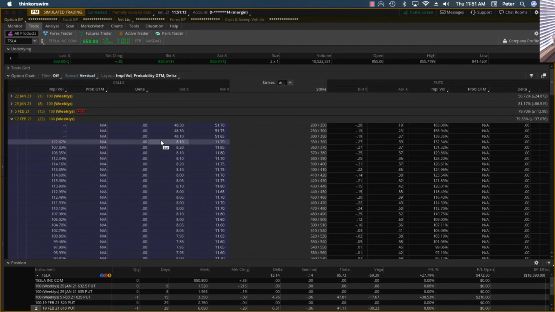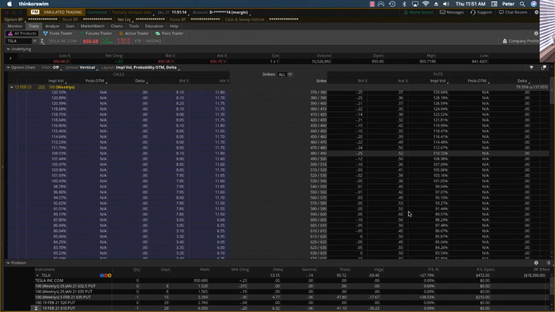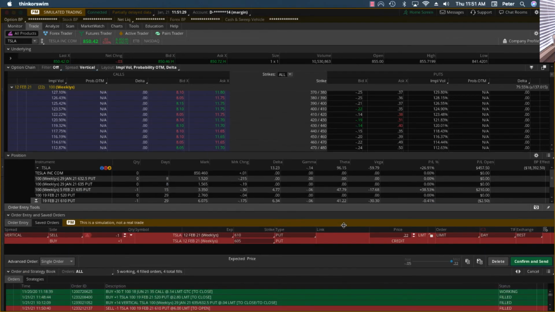And remember, we're going to sell the 610. You're not going to sell the 615. Remember, on bull puts, you sell the higher strike and buy the lower. That gives you a credit. If you did it the reverse, that would be a debit. Okay, so we're going to sell it, and we're going to make 22 cents.